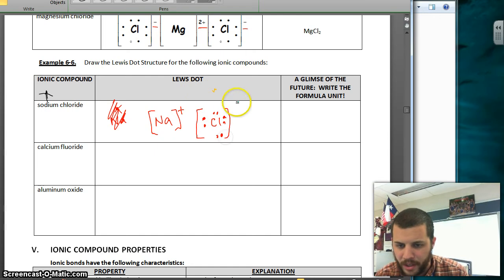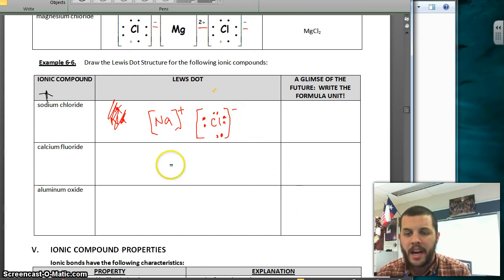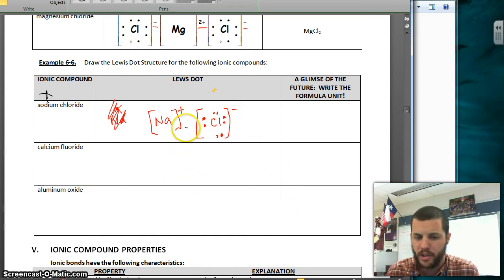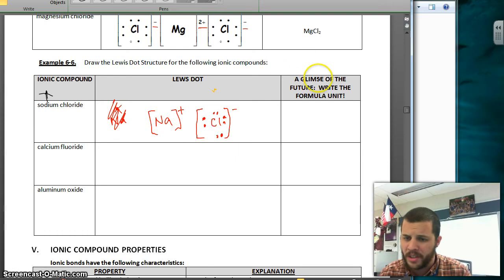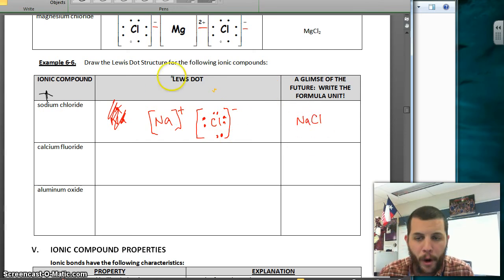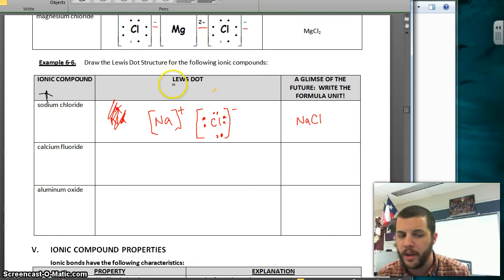Since it gained an electron, it's going to get a charge of -1, and now I have my Lewis dot structure for sodium chloride. So this says a glimpse of the future, write the formula unit. A formula unit is just how many of each you have. So I've got 1 sodium, so I'm going to write sodium, 1 chloride, so I'm going to write chlorine, and so NaCl is the formula for the formula unit sodium chloride.